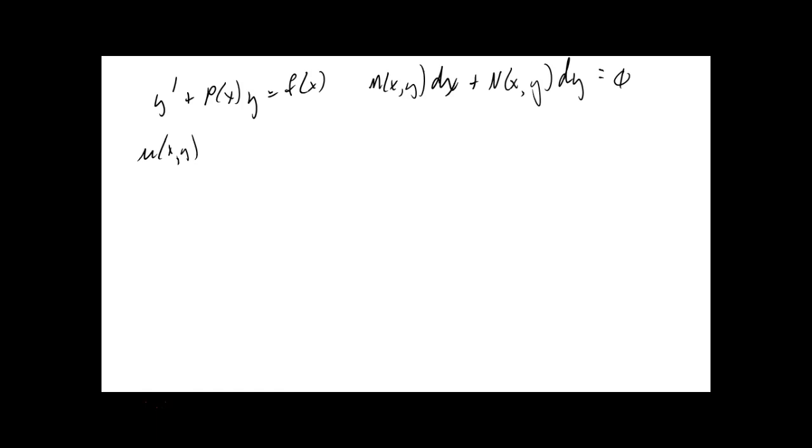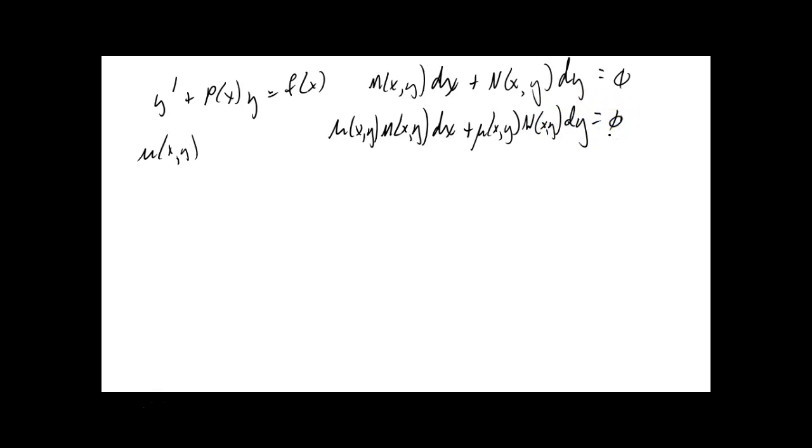We're just looking for one, so that when we multiply it by both sides, we get mu of xy, M of xy, dx plus mu of xy, N of xy, dy equals 0.